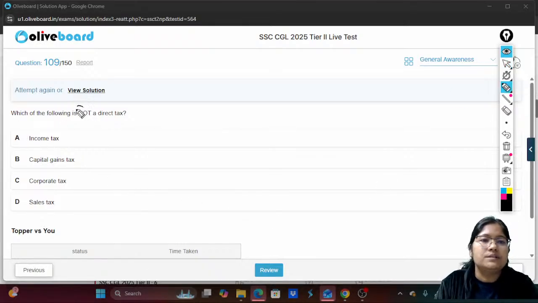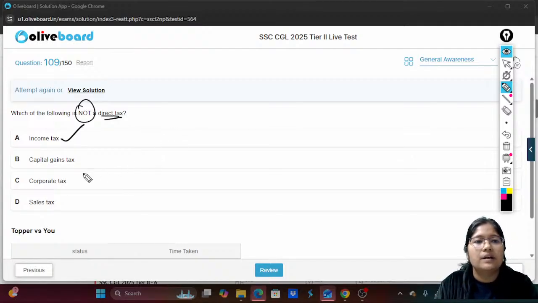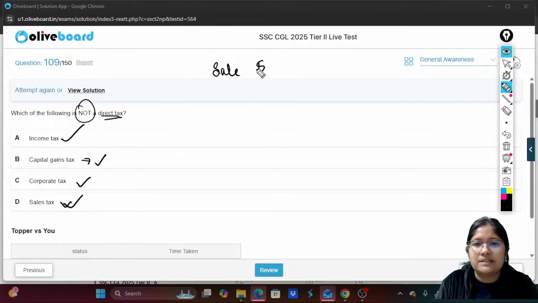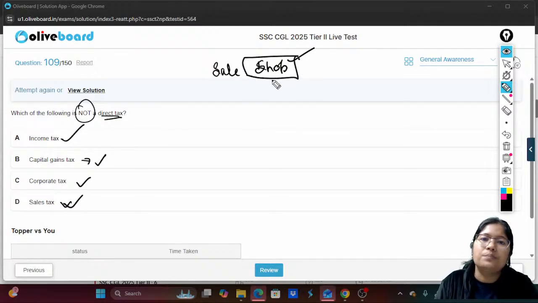Which of the following is not a direct tax? Income tax directly, it is a direct tax, right? Then capital gain tax. It will be given by whoever is the owner. Corporate tax will be given by the corporate house. And sales tax, whoever is selling, say the shop will file it, but do you think the shop gives it?